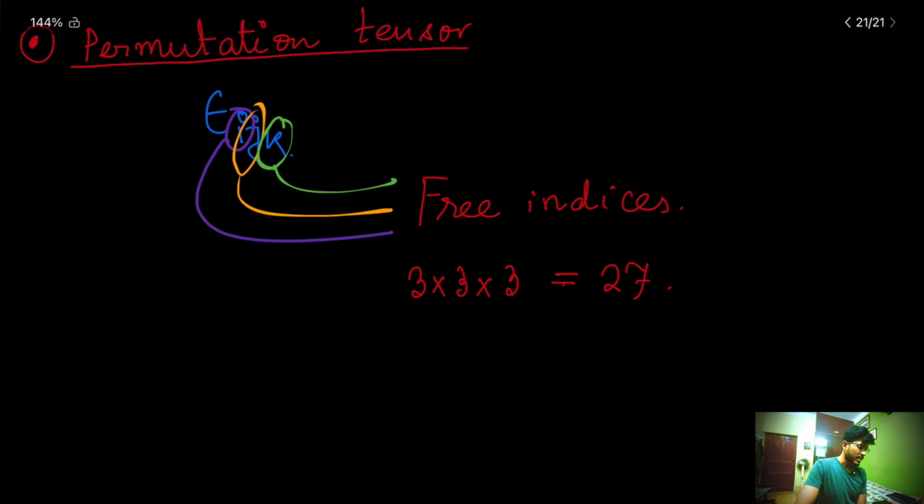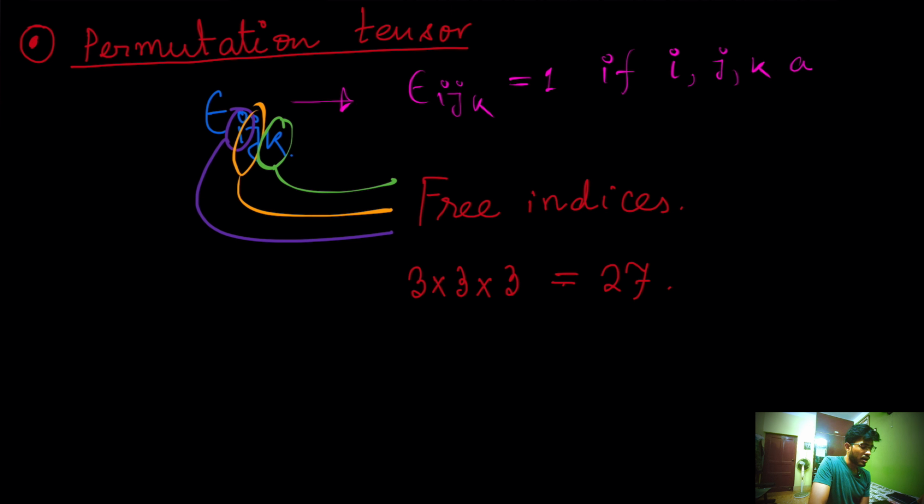Now this permutation tensor, as I have already introduced to you, let me talk about its mathematical properties. So epsilon ijk is equal to 1 if i, j, k are in cyclic order.